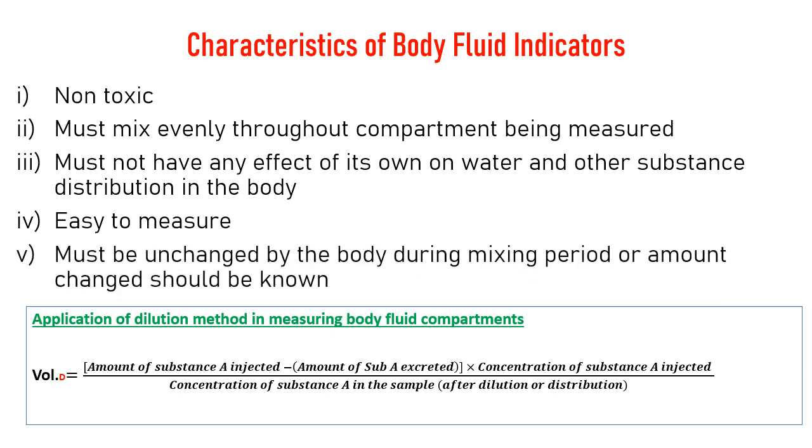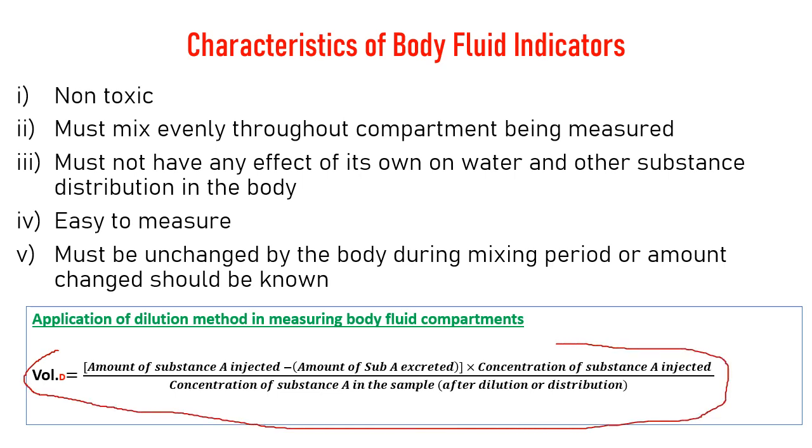Then the fifth one is it must be unchanged by the body during the mixing period, or the amount of change should be known. This is where this formula comes in. When you inject a body fluid indicator into your body, at times it can react with certain chemicals in your body. So the amount that has reacted, or the amount that has been excreted, should be known.